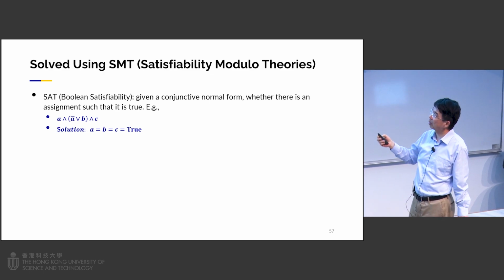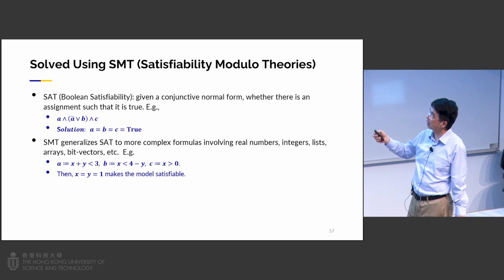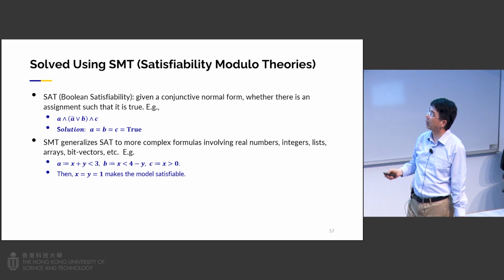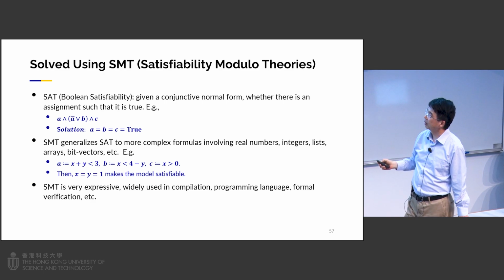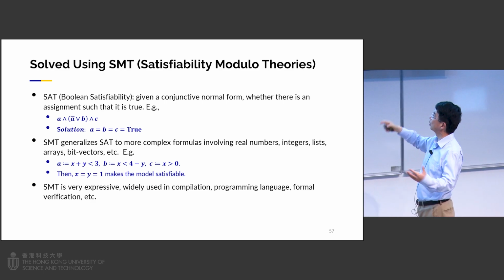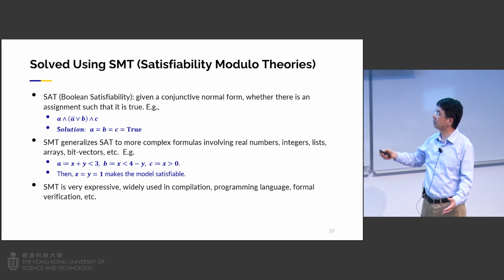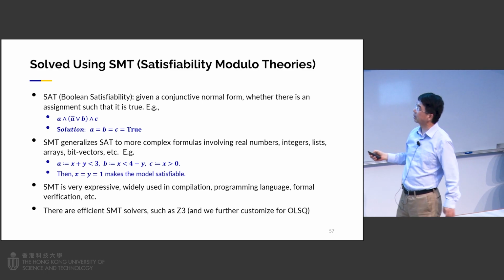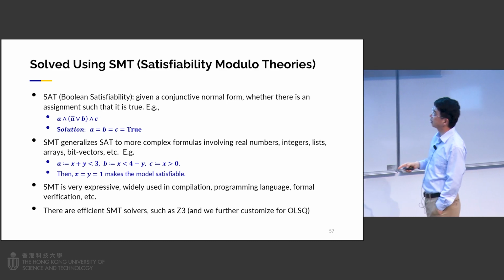You have Boolean satisfiability, but in SMT, we can have integer variables. You can even have real numbers if you want. So it's very expressive. We found out that we can actually write down all sorts of constraints and solve it. In particular, we use the Z3 solver.